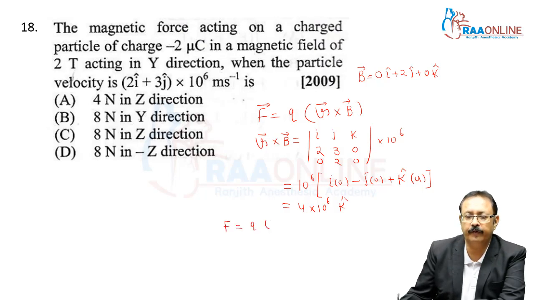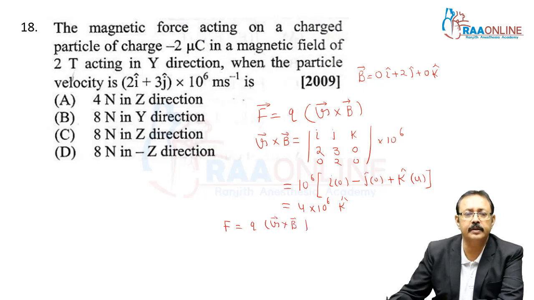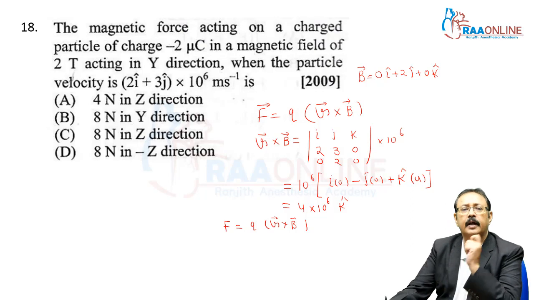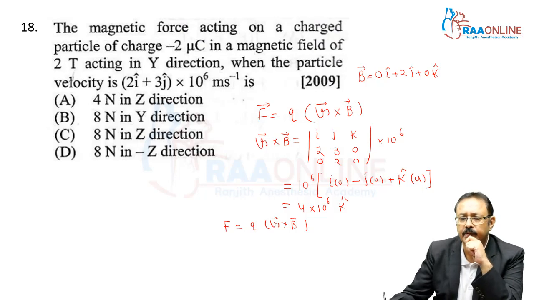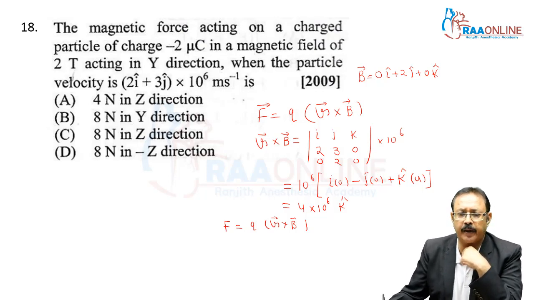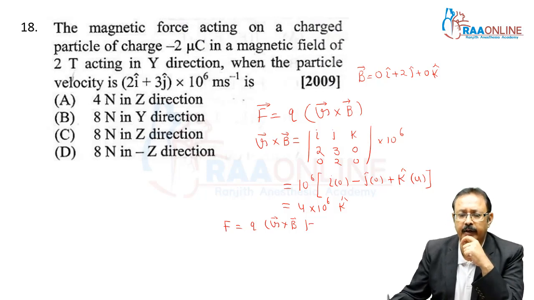So 4 should be Q V cross B, multiplied by Q also. Q is charge of minus 2 microcoulomb. So if we are taking minus 2 microcoulomb, it will become minus 8 into 10 to the power 6 K cap.